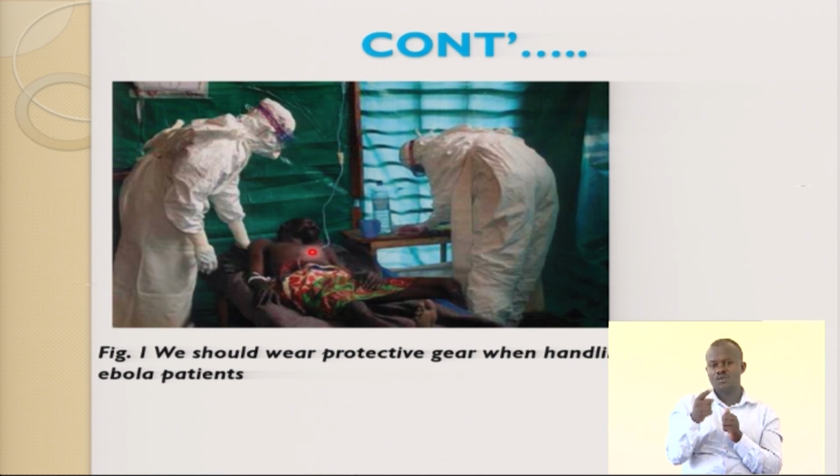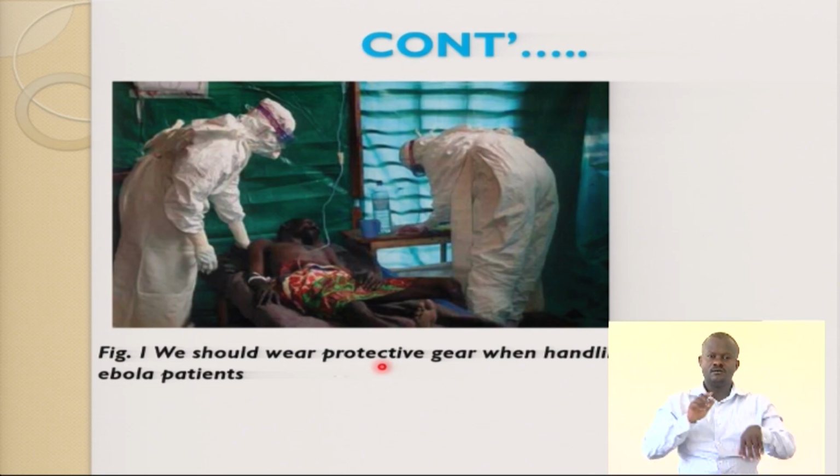To be able to treat him, you have to wear gloves and protective gowns. We should wear protective gear when handling an Ebola patient. That is the diagram. Once you know this is an Ebola patient, that's how you should handle the patient.